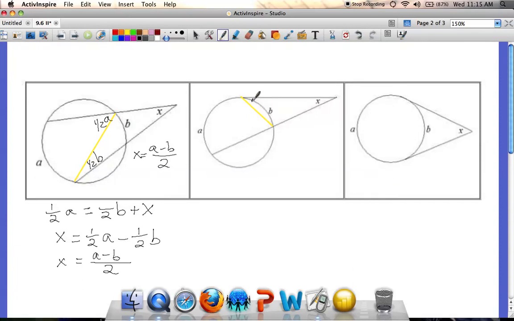So this is 1/2 B. This angle here is 1/2 A. So we know that 1/2 A, which is the exterior angle of this triangle, is equal to the sum of the remote interiors, 1/2 B plus x. Notice that these two have the exact same setup. Therefore, if I do the math out, I would get x equals A minus B over 2.